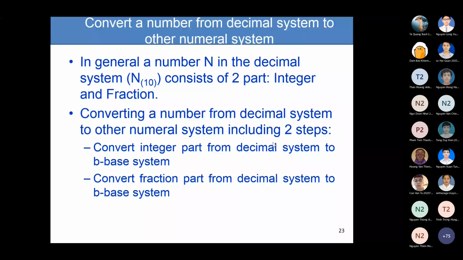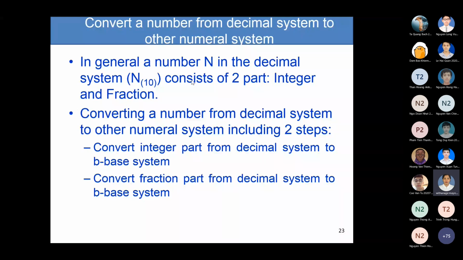Okay, so in general, a number n in the decimal system, denoted by n subindex 10, consists of two parts: the integer part and the fraction part. They are separated by a dot sign, right?